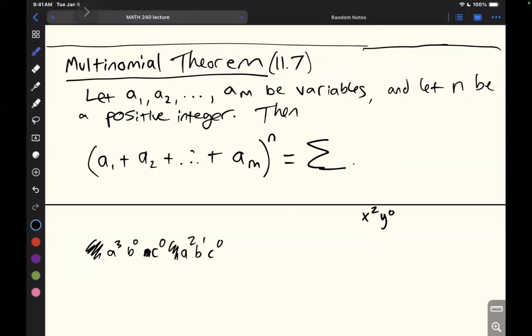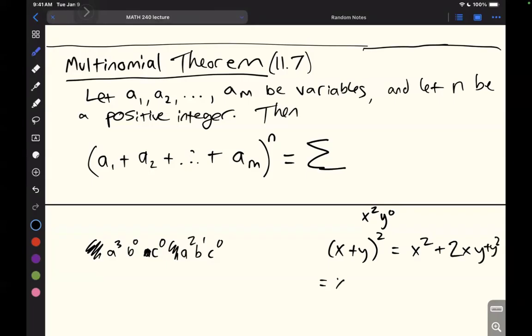And so those numbers, like if we say x plus y squared, we know that is x squared plus 2xy plus y squared.